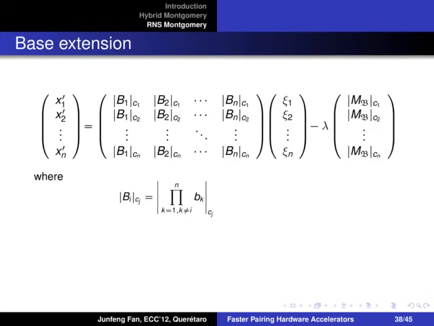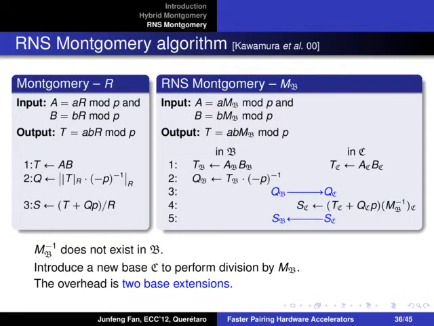So if we write the base extension operation in a matrix multiplication form, you see it's basically a vector multiplied by a matrix of constants, because these are constants. And if you look at the operation here, all these operations are multiplication in RNS form.